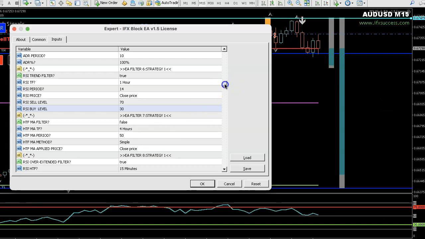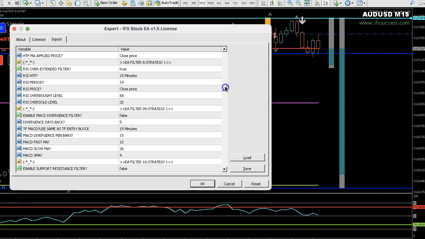Now, the RSI overextended, we can choose any time frame, but in here I chose 15 minutes. So whenever it is above 68 or below 32, give me an entry. So what does that mean? Take a look in here. We were outside 70.